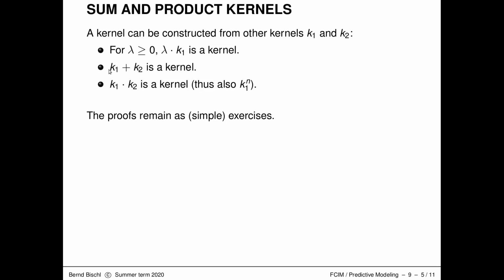We can also add two kernels together, and the resulting sum is still a kernel. We call that a sum kernel. Or we can also produce a product kernel, where we multiply two already established kernels to generate a new one. And this rule, of course, also tells us that if we take a kernel K1 to the nth power, that will also give rise to a kernel.